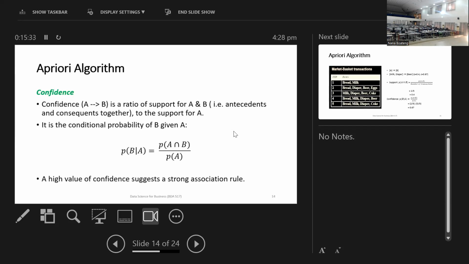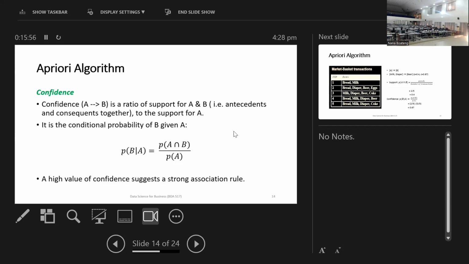So the confidence of A and B is the ratio of the support of A and B, incident and consequence together, to the support for A. Here it's looking at the conditional probability of B given A. All right.